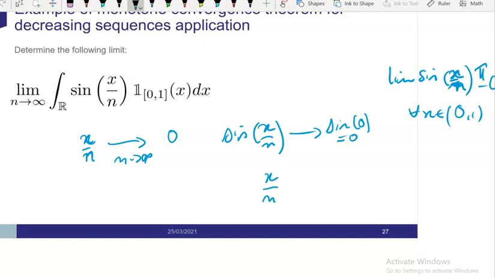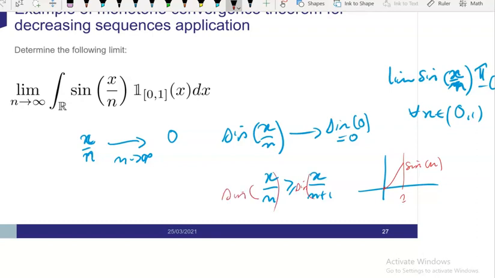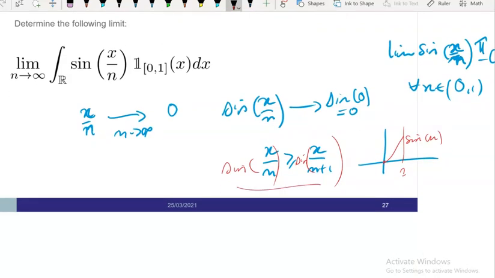If I compare x over n to x over n plus 1 for positive x, x over n is bigger, and sine is increasing on 0, 1. So sine of x over n is greater than sine of x over n plus 1, so as a sequence, pointwise, this is decreasing.